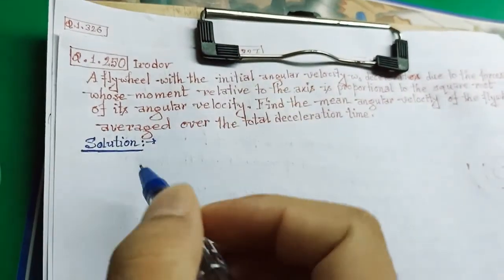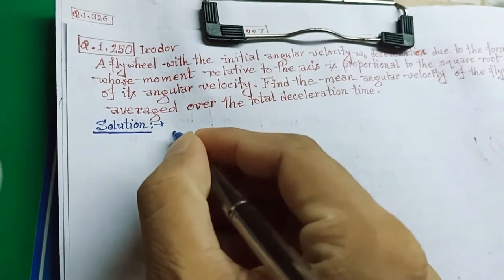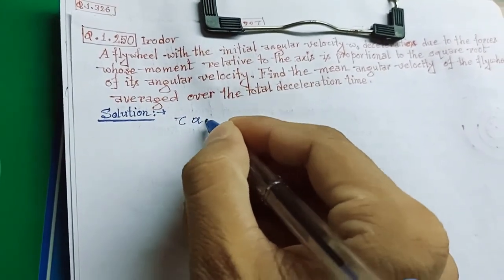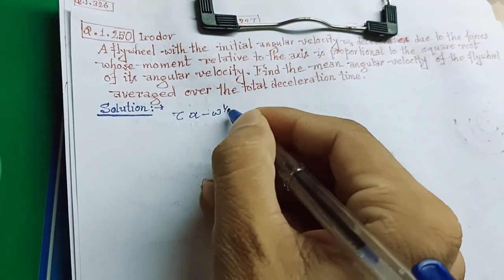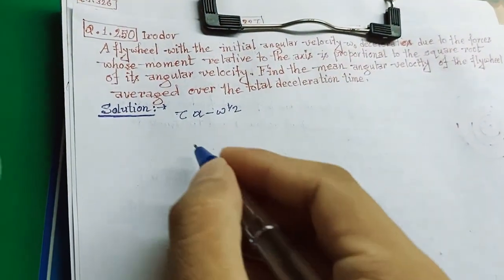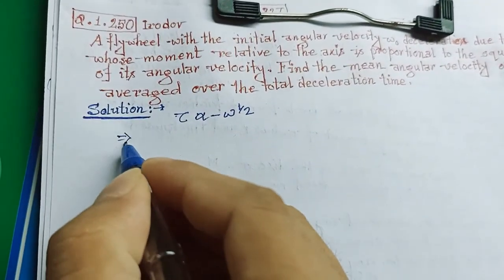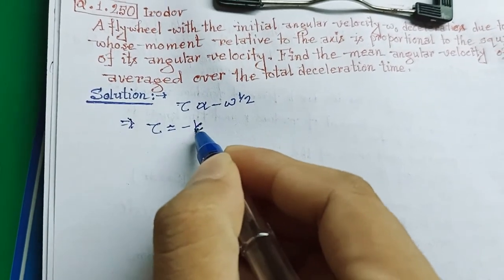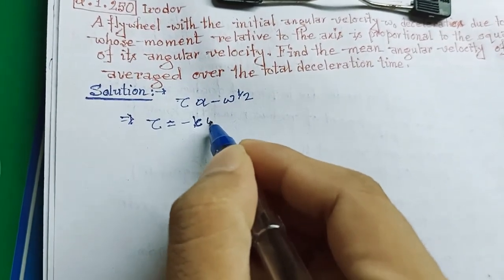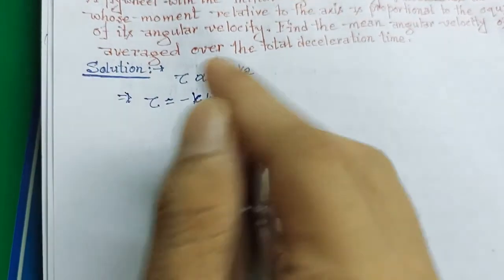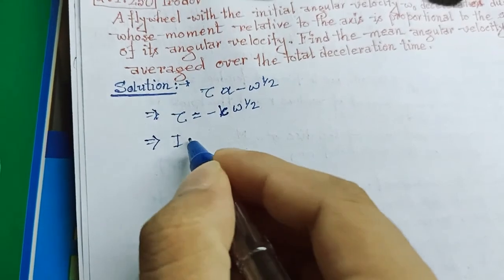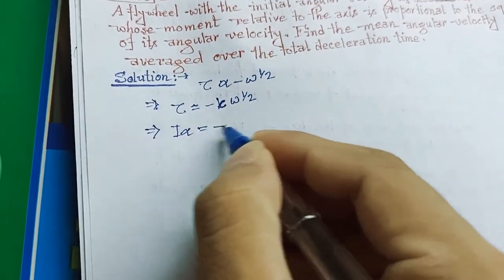From the given question, the condition is given as tau proportional to minus omega to the power half, or from this condition we can write tau equal to minus k, equal to minus c omega to the power half. As we know tau is equal to I alpha, so we can write I alpha is equal to minus c omega to the power half.